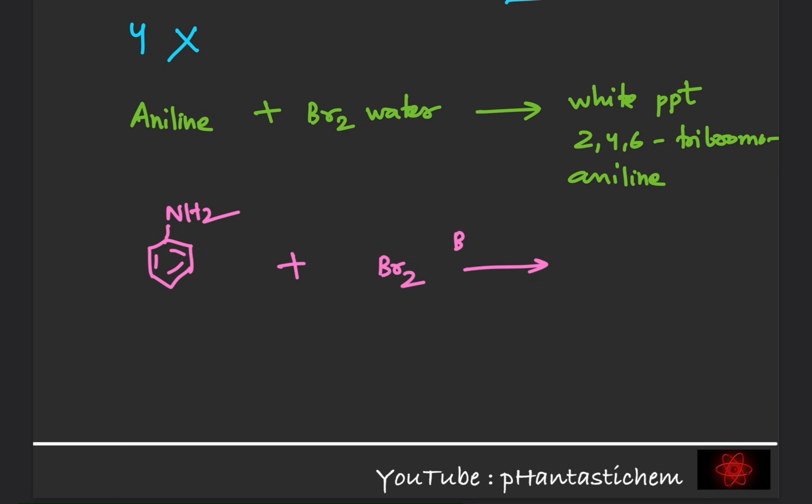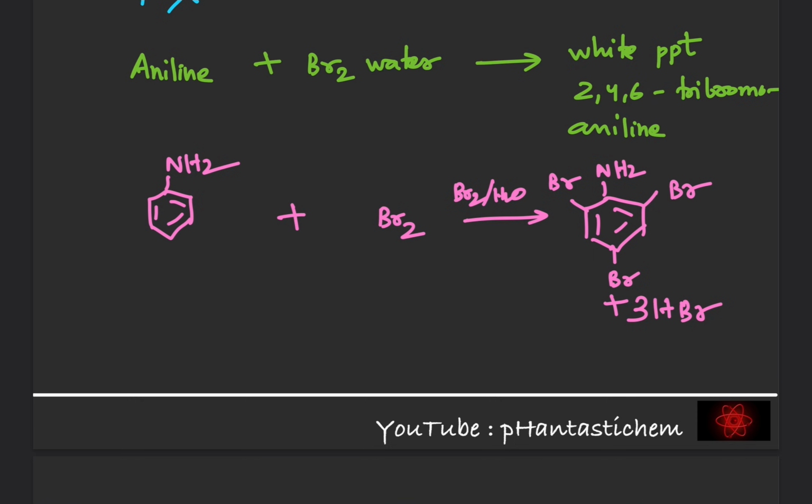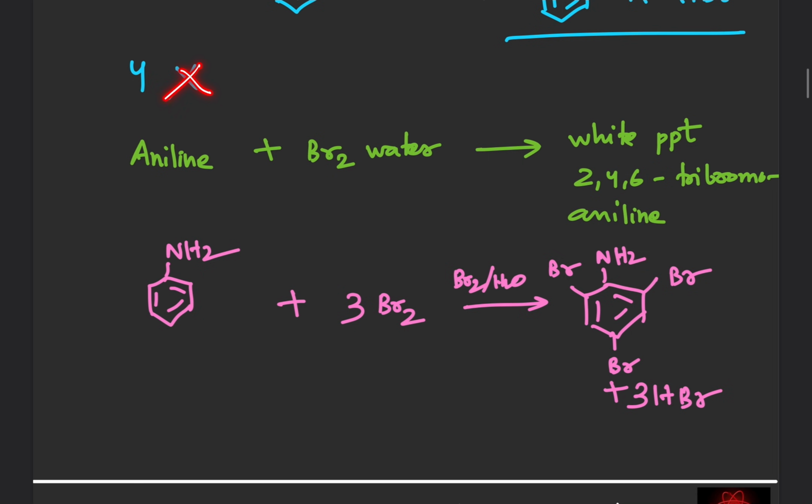I will get NH2, and all the ortho para positions are occupied by bromine, and HBr is the side product, and to balance it, 3 and 3. Okay, so this is the white precipitate 2,4,6 tribromoaniline.